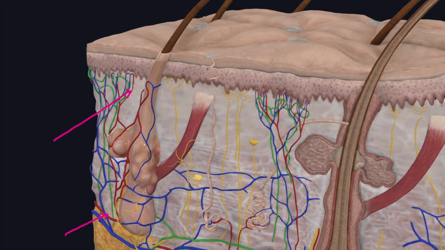This is called the subpapillary or papillary plexus. The capillary loops arising from this plexus pass into each dermal papilla. The blood vessels do not penetrate into the epidermis. The epidermis derives nutrition entirely by diffusion from the capillaries in the dermal papilla.